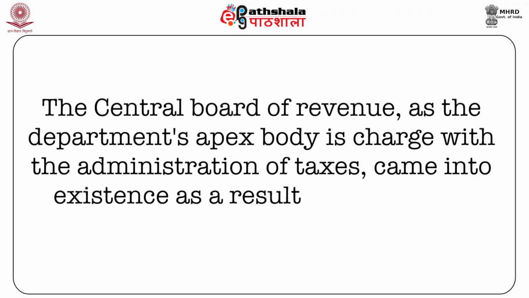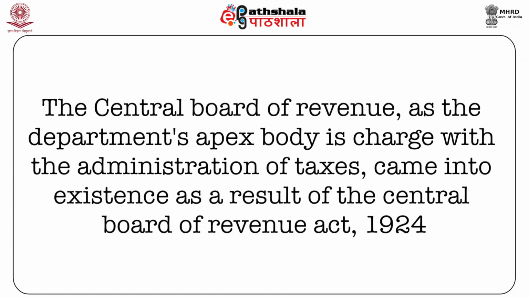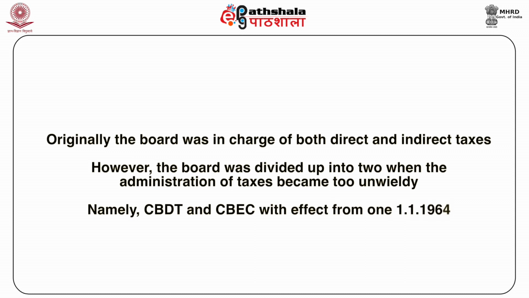The Central Board of Revenue, as a department top body charged with the administration of taxes, came into existence as a result of the Central Board of Revenue Act 1924. Originally, the board was in charge of both direct and indirect taxes.